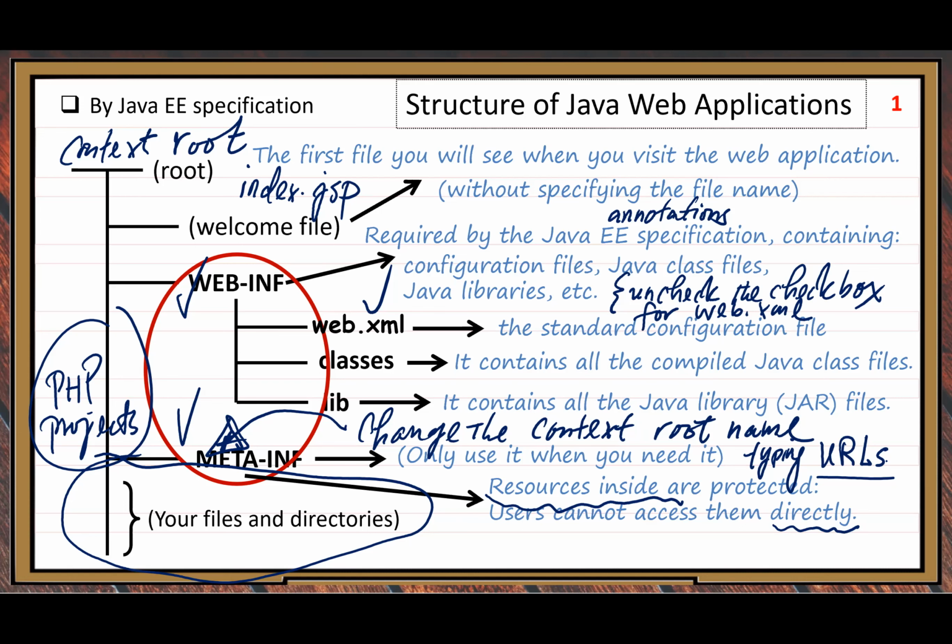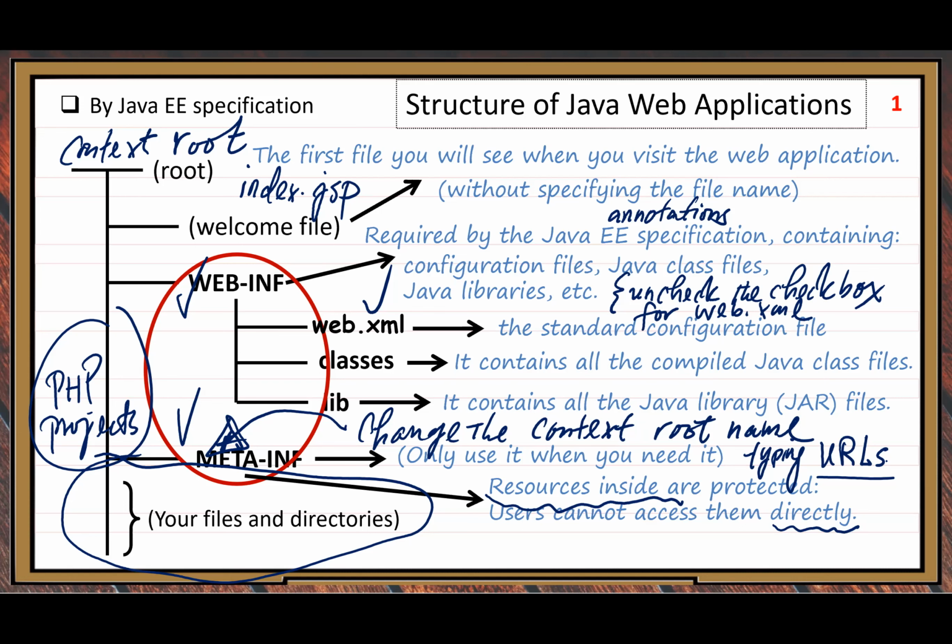Logically, you can use that URL to access that resource. But if the resources happen to be inside these two folders, they are not allowed to be accessed by users.